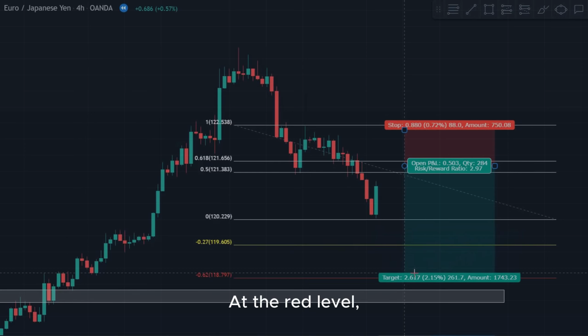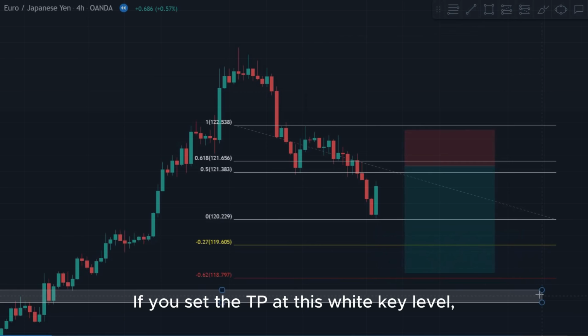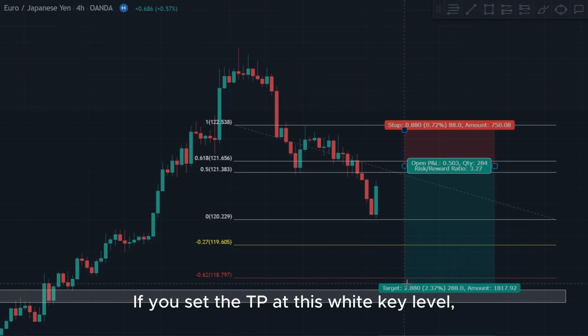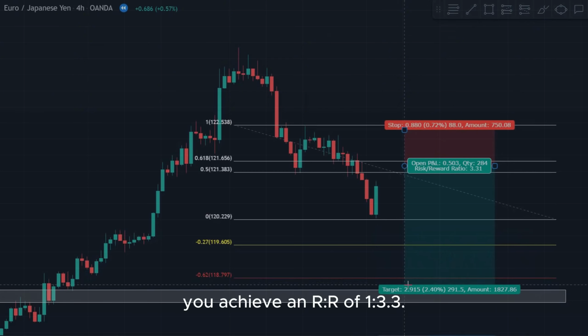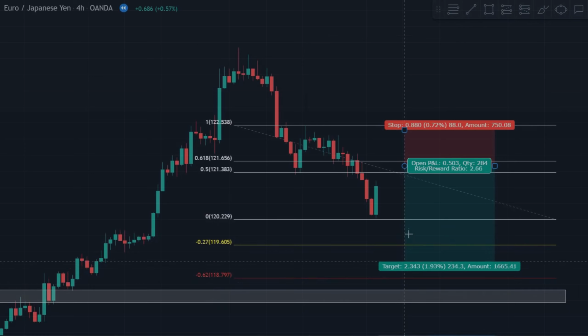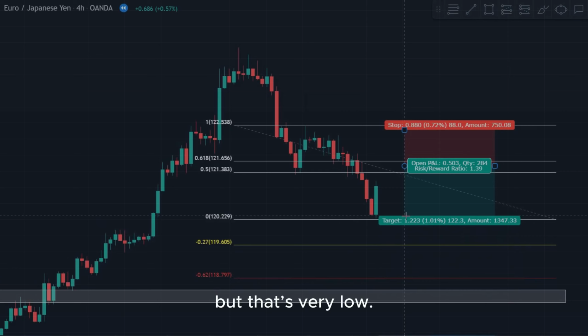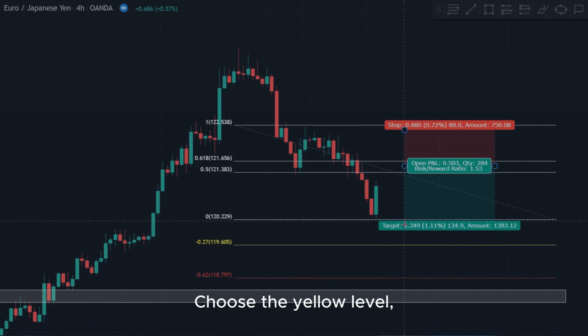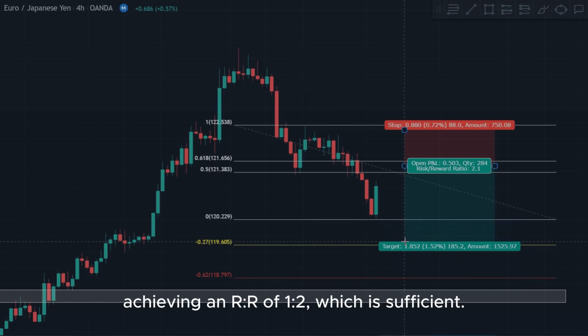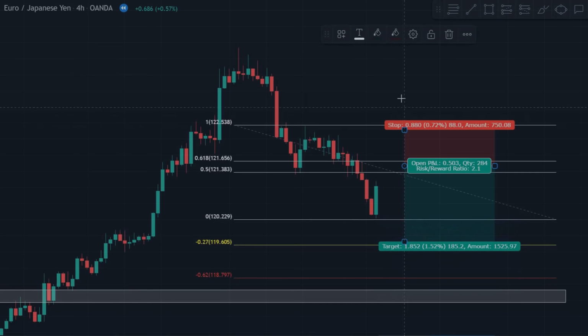At the red level, you achieve an RR of 1 to 3. If you set the TP at this white key level, you achieve an RR of 1 to 3.3. So, where should you set the TP? The safest is here, but that's very low. Choose the yellow level, achieving an RR of 1 to 2, which is sufficient.